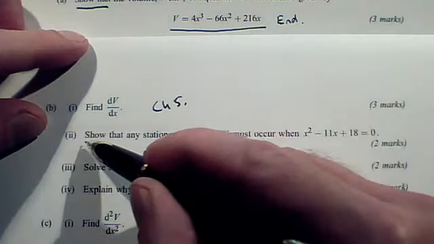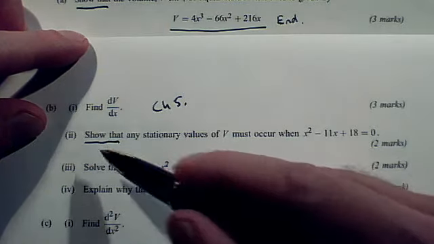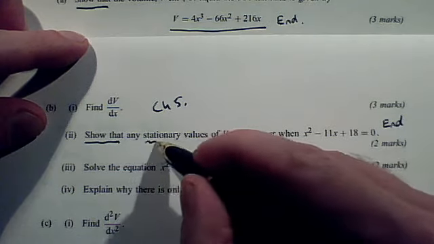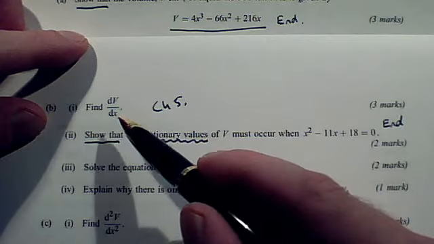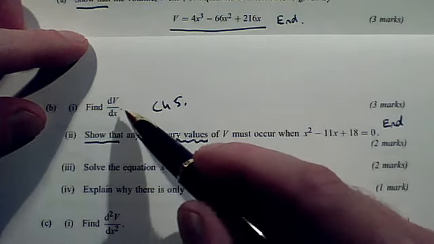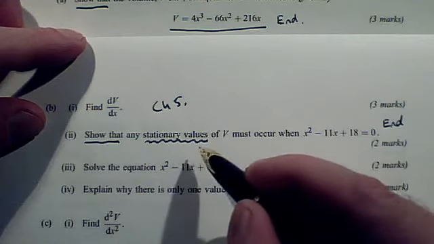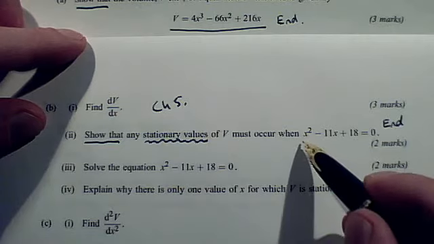Show that any stationary values of V must occur when this. It's show that this is the end point. What's your starting point? Your starting point is stationary values. Stationary values is when dV by dx equals a particular thing. Check your notes for chapter 6 for the definition of stationary values if you've forgotten it. Set up an equation and then simplify this equation to that.